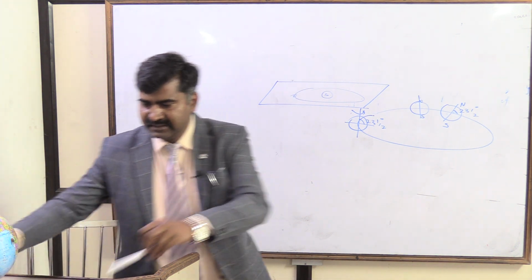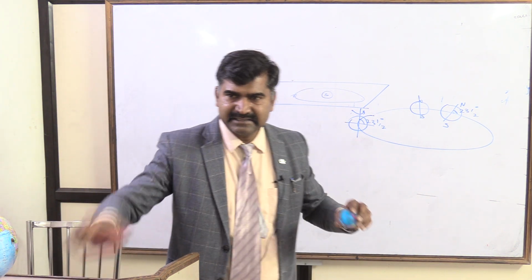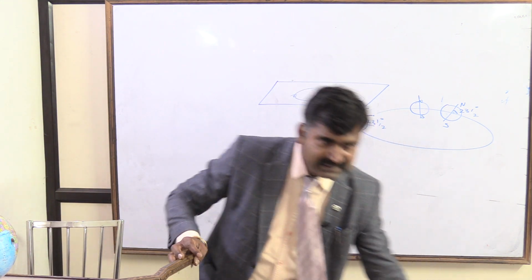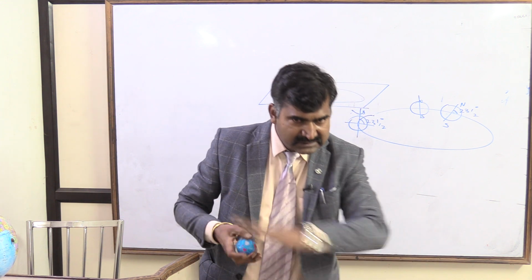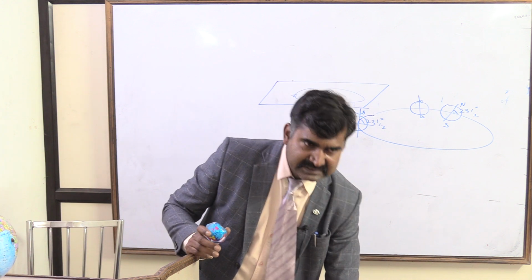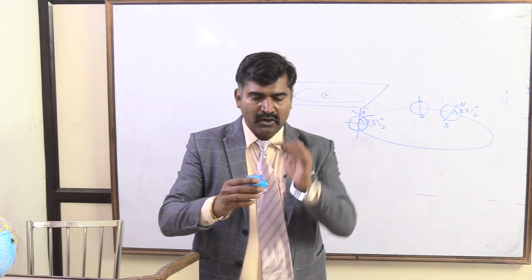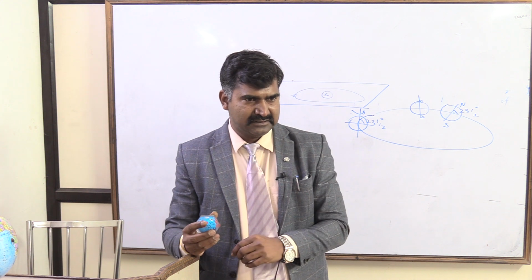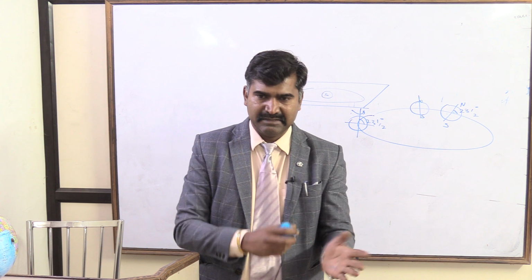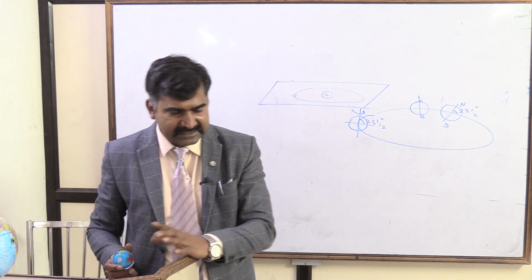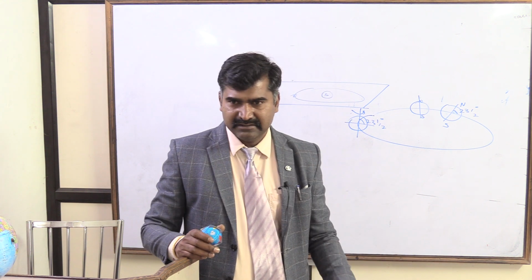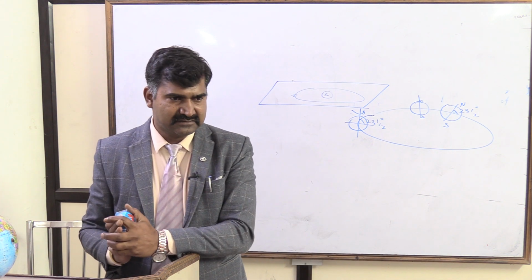Suppose this is Earth and this is the sun, and Earth is revolving around the sun on this table. This is the surface on which Earth is revolving. So from this surface, the angle of the axis of the Earth is 66.5 degrees. That means this 23.5 degrees signifies the angle between the plane of orbit and the axis.